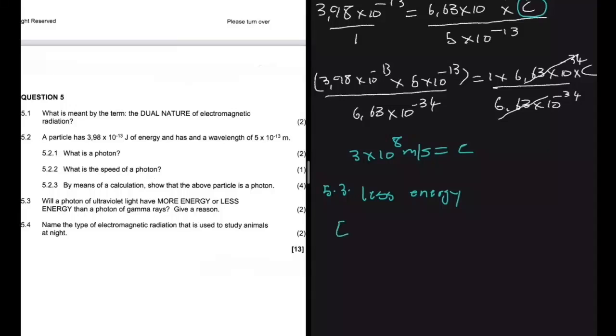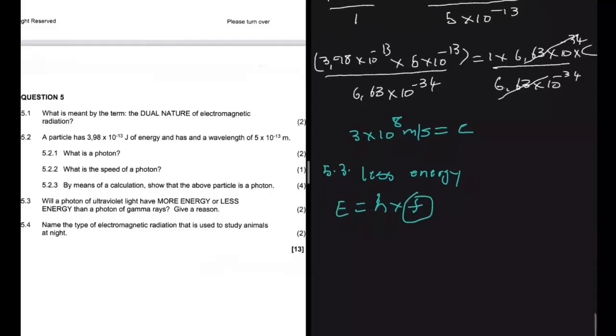We know fully well that the energy is equal to Planck's constant multiplied by frequency. That's another formula we have, right? So we're saying gamma rays have the most energy because they have the most frequency compared to ultraviolet light. So we're going to say less energy because ultraviolet light, right, has less frequency. It has less frequency compared to gamma rays, right?